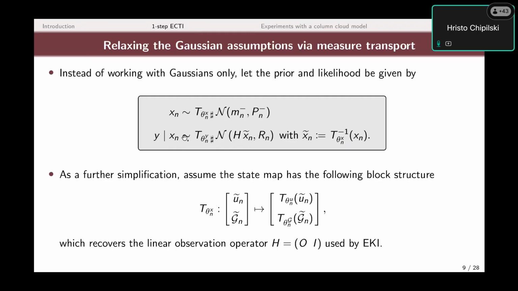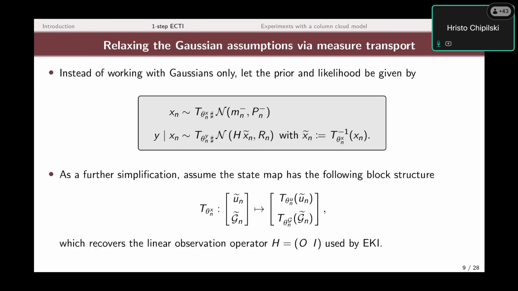And we're going to make a further simplification in our assumptions that the transport map over state space can be represented in this block structure, where we have separate components over the parameters u and over the predicted measurements g. And the reason why we make this simplification is that we can recover the linear observation operator used by EKI algorithms.